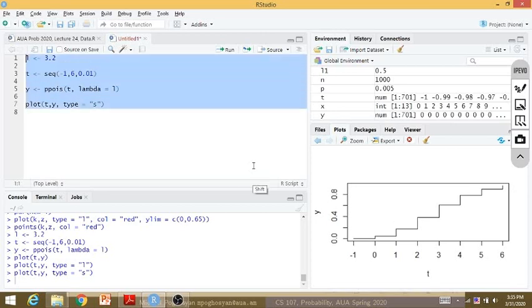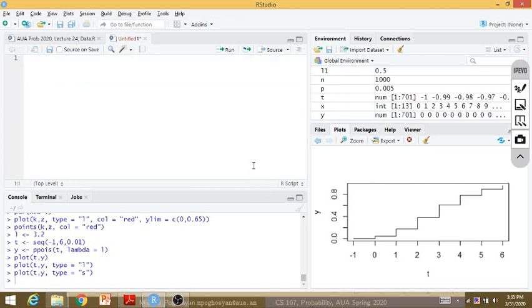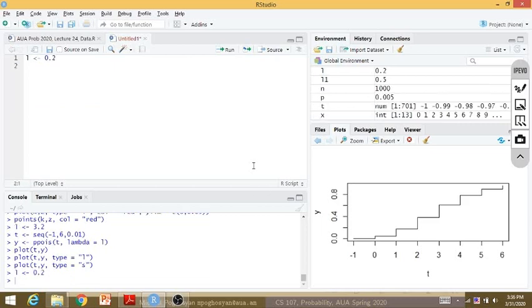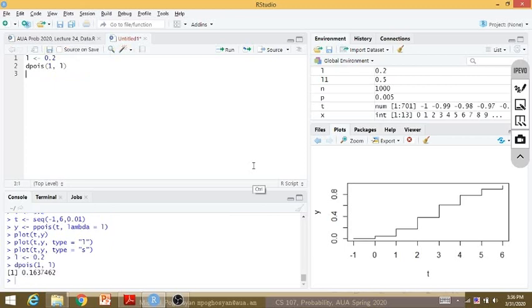So our parameter, say L, was 0.2. I want to calculate the probability, so dpois, that I will have exactly one view, and this is giving 0.16 and something. This is that probability.